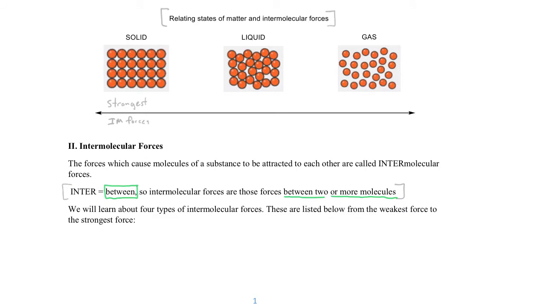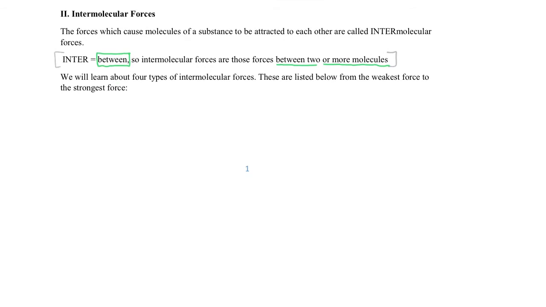This leads to states of matter that are more like solids or clumped up. And when we have very weak intermolecular forces, those forces that exist between molecules or ions aren't really there, the molecules or ions simply fly past one another like they do in a gas. So what exactly are these intermolecular forces and what causes them? Well, that's what we're going to be learning about in this lesson.